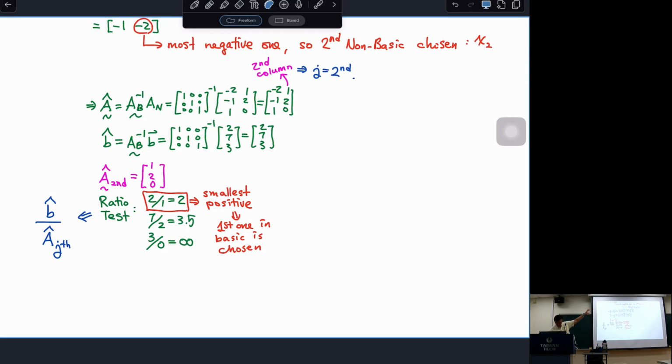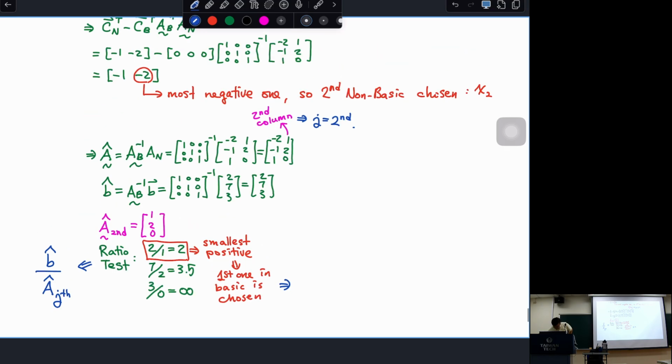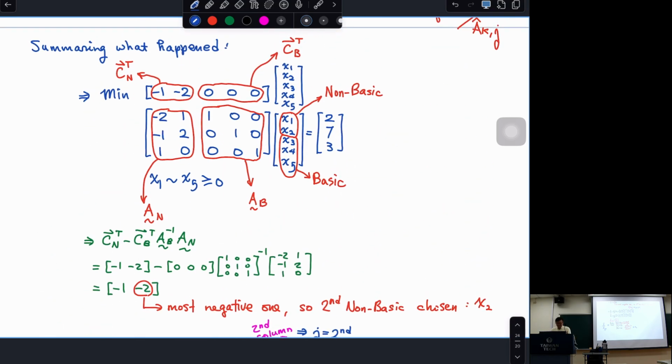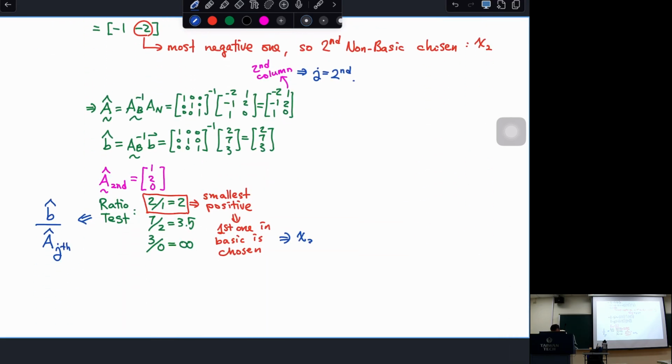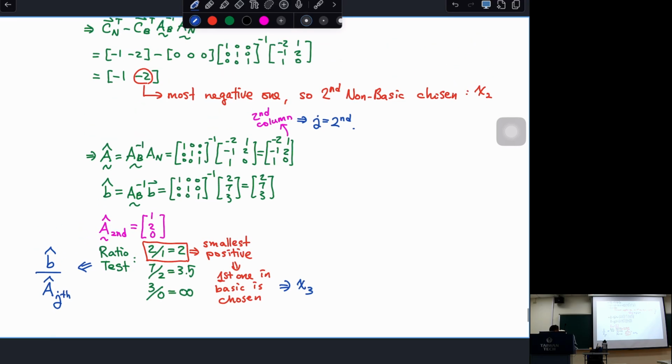So what does that mean? That means the first basic is being chosen. What is the first basic? The basic set is 3, 4, and 5. The first basic is S3. So why do we do this again? If you choose X2 in the first part, X2 will be converted from non-basic to basic.